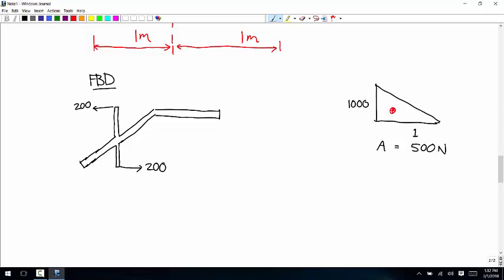The centroid is here, where this distance is 1/3 of the base. So this distance is 0.3 repeating. And so that distributed load applies a force of 500 newtons there.